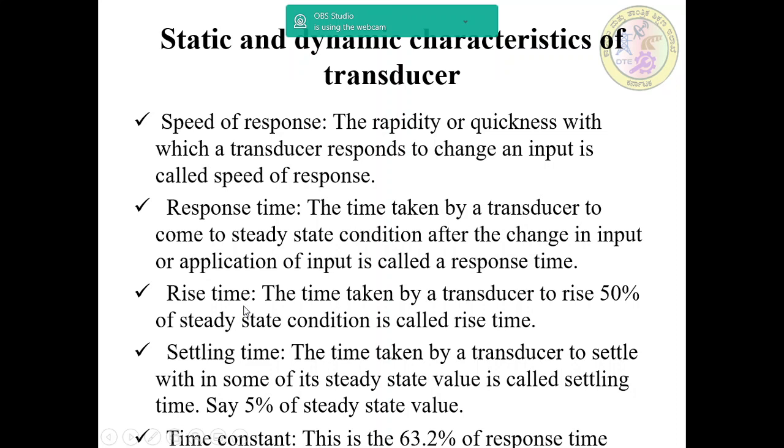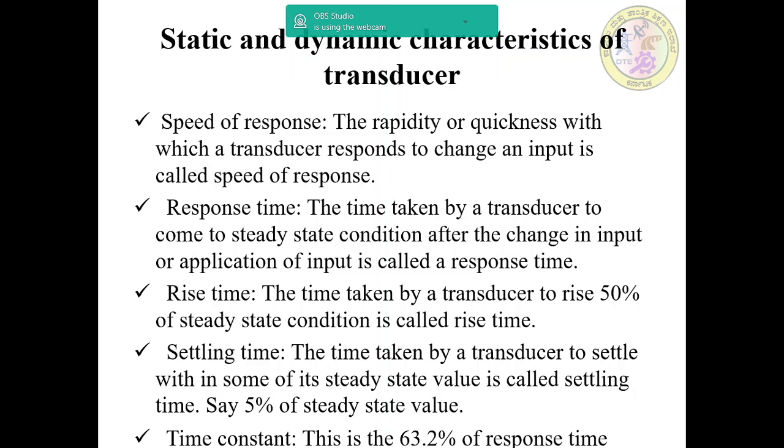Next we'll go for rise time. The time taken by a transducer to rise to 50% of steady state condition is called rise time. Next, settling time. The time taken by a transducer to settle within some percentage of its steady state value, say 5%, is called settling time.